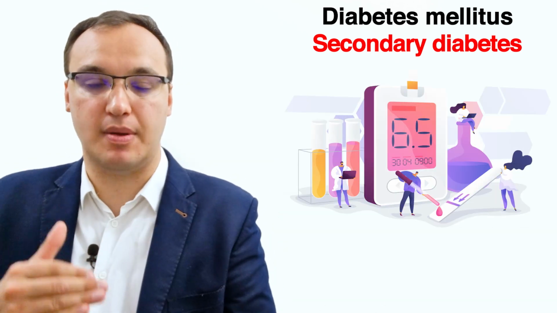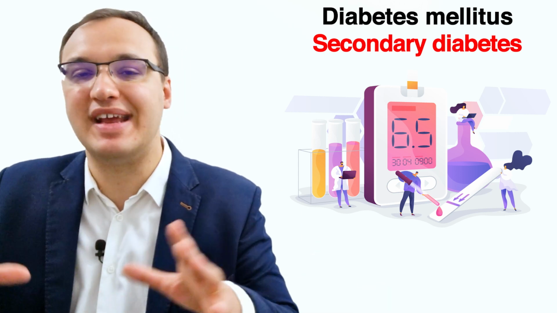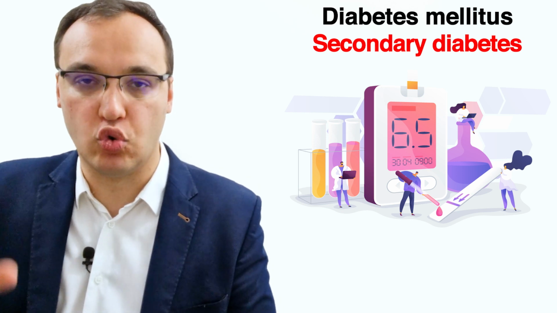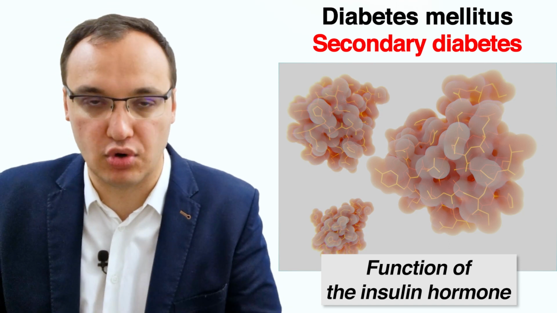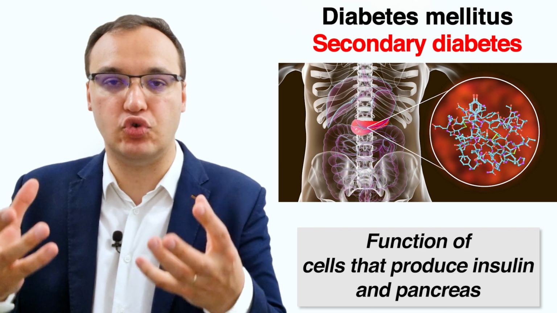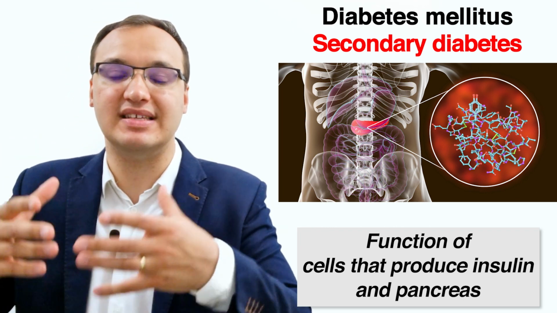The classification based on specific types of secondary diabetes can sound very scientific or technical. However, we will simplify them here. Remember that the causes of diabetes affect the function of the insulin hormone directly or through other hormones, and the cells that produce insulin and the organs where these cells are found, that is the pancreas.